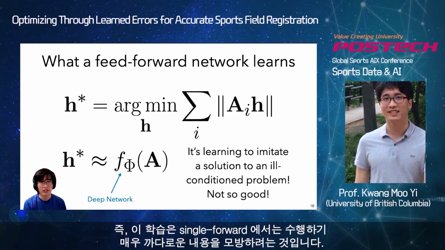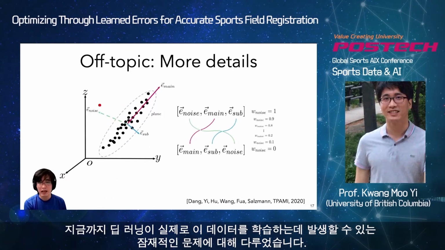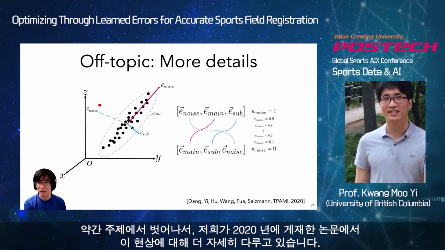So your learning is going to try to imitate what is very tricky to do in a single for loop. So this is potentially why deep learning had trouble actually doing this. And slightly off topic, but we do have a paper in 2020 that looks into this phenomenon in more detail.